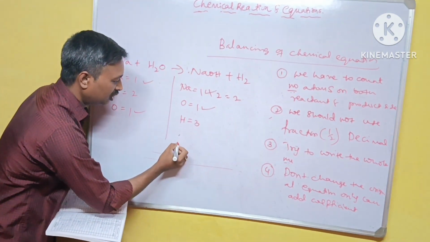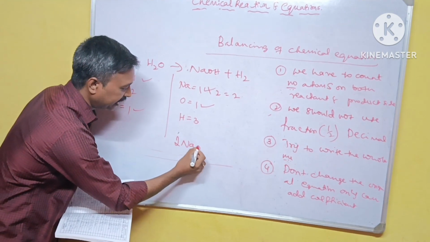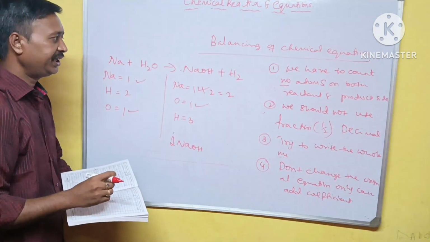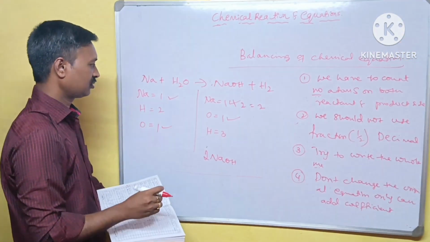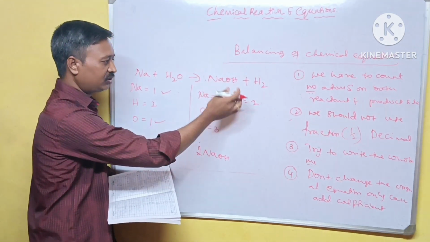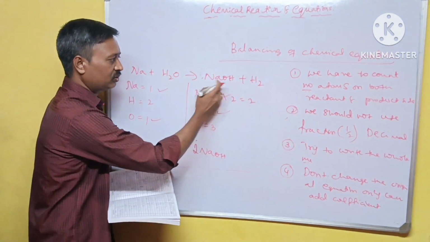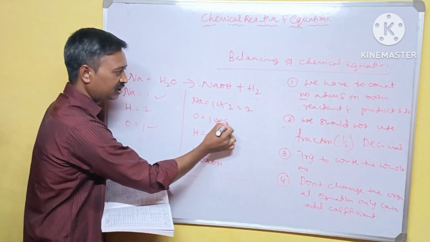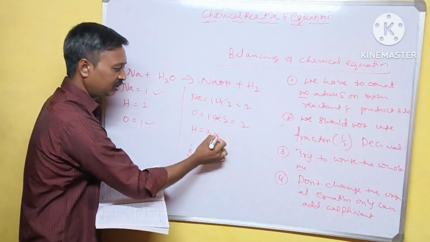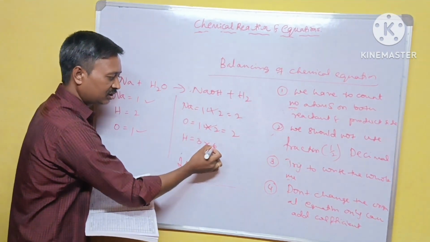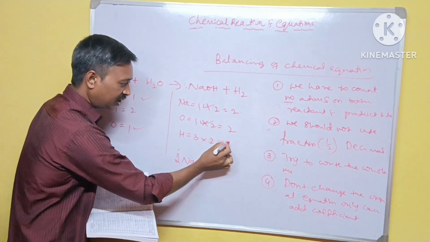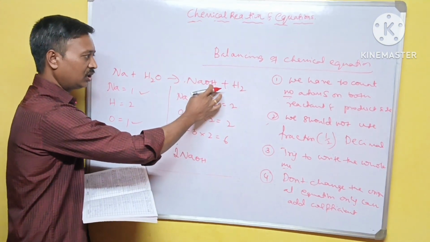So look at 2 NaOH. 2 NaOH means what happens here? Sodium becomes 2. Oxygen becomes 2. Hydrogen becomes 6. Here 2. Sorry.